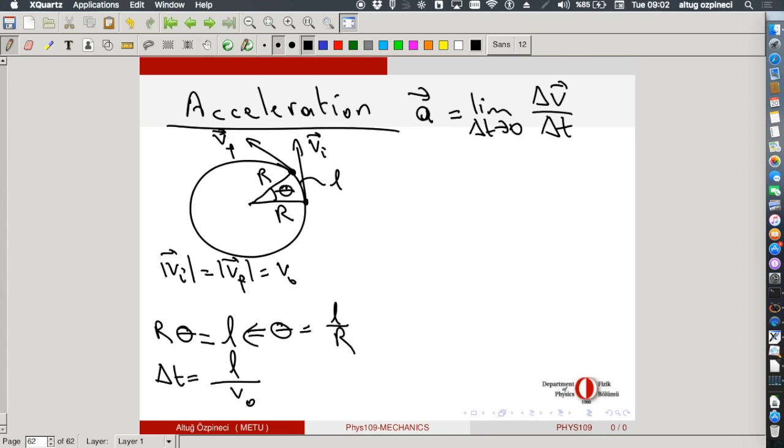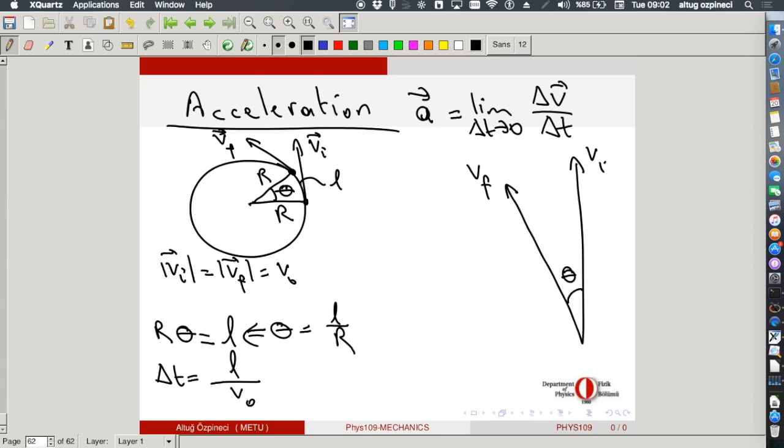Now let's look at how much did the velocity change. Let me again exaggerate it a bit. So initially, this is my velocity vector. And after it has rotated by the angle delta theta, by the angle theta, this is my other velocity vector. This angle over here is theta.